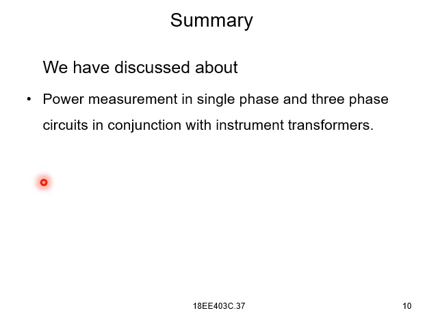Actually, it is the same or similar to the power measurement of single phase, where we have seen that P is equal to K into the actual ratio of CT into the actual ratio of PT into the wattmeter reading, and K is given by cos phi by cos beta into cos alpha, as we have seen.